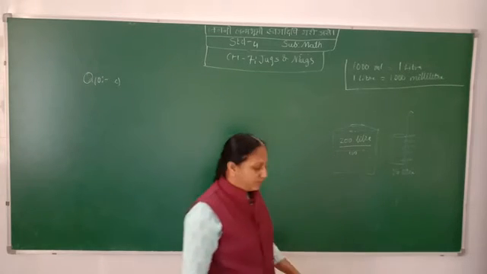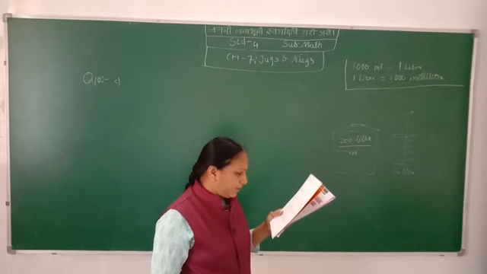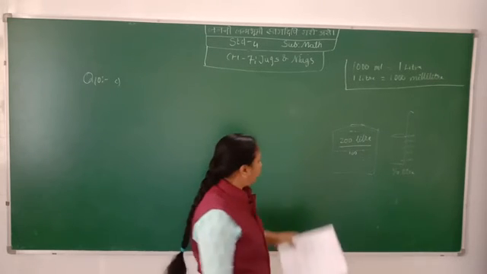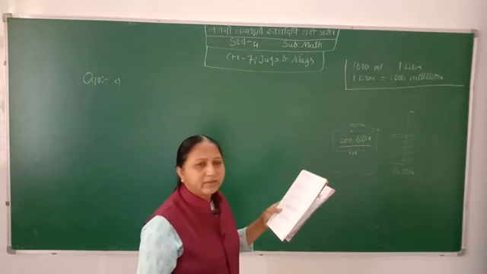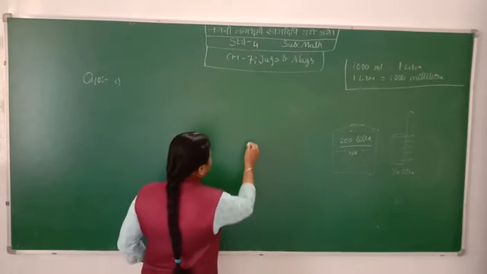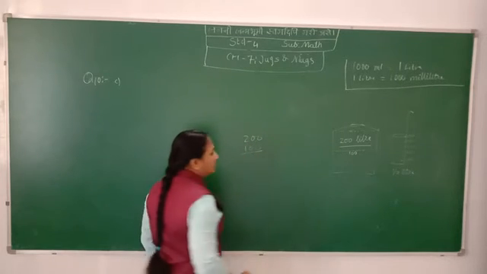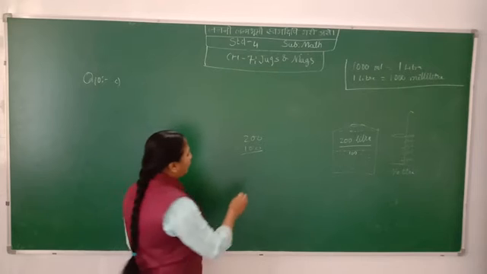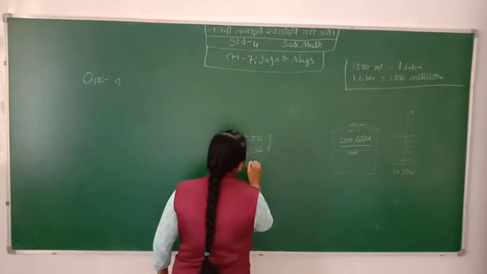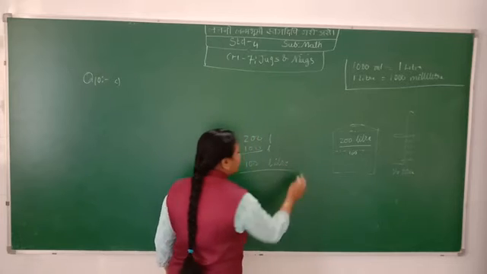Half of the tank is filled with water. How many liters of water is needed to make the tank full? If the total capacity of the tank is 200, half of it will be 100. So 200 minus 100, it is a very simple question. How many liters it will require? Only 100 liters. Simple. The question is solved.